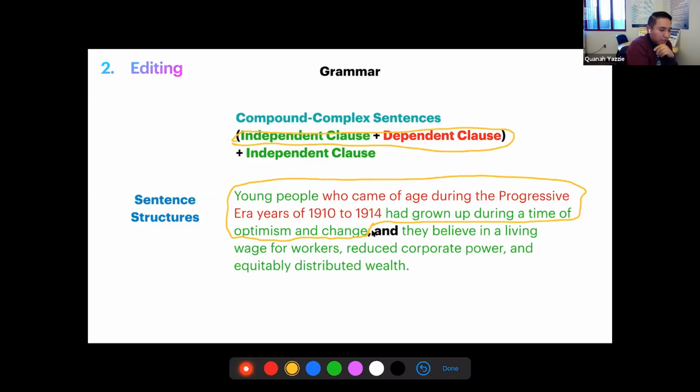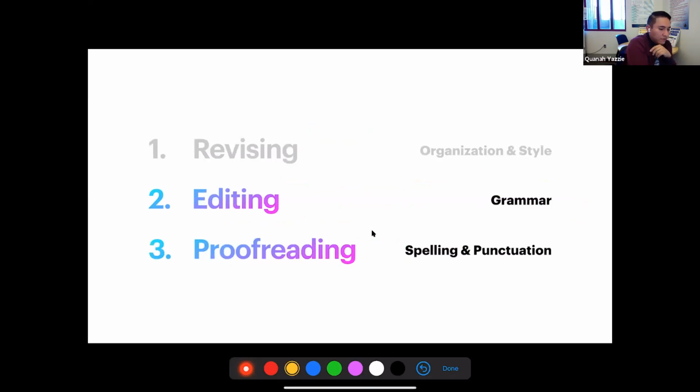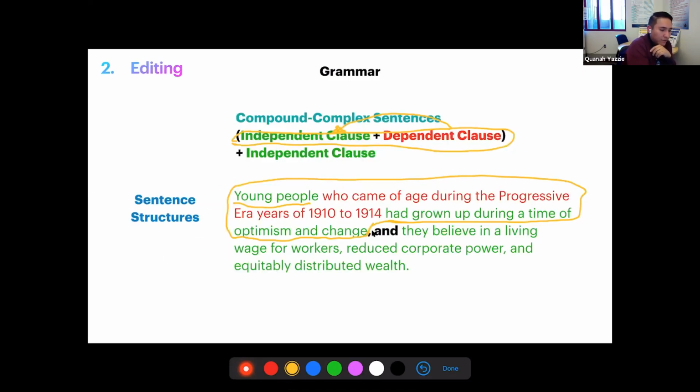So again, this is the same rule, which is what's happening here. We can identify that when we're reading just the green: young people had grown up during a time of optimism and change. That's a complete sentence.